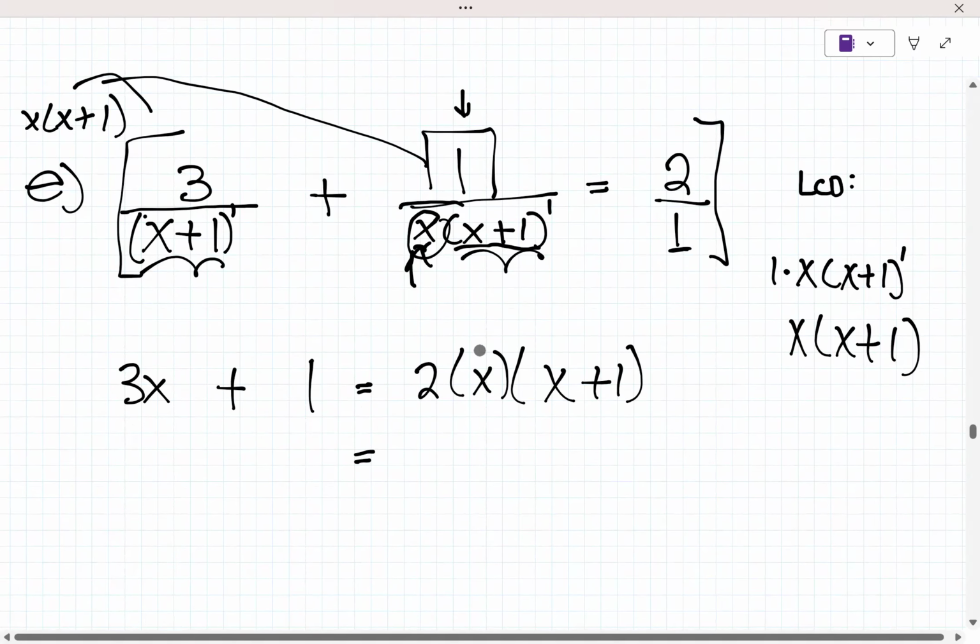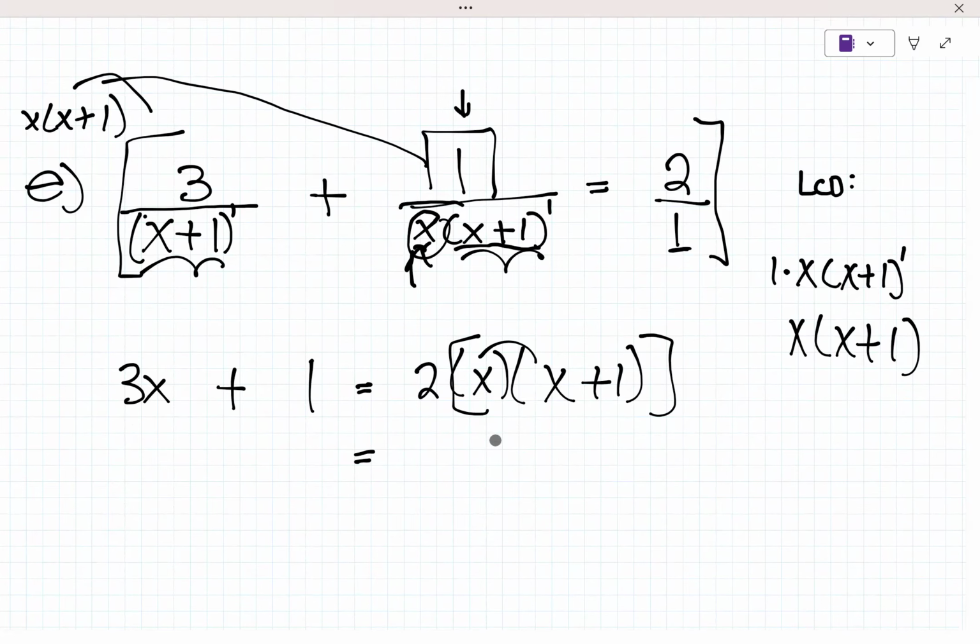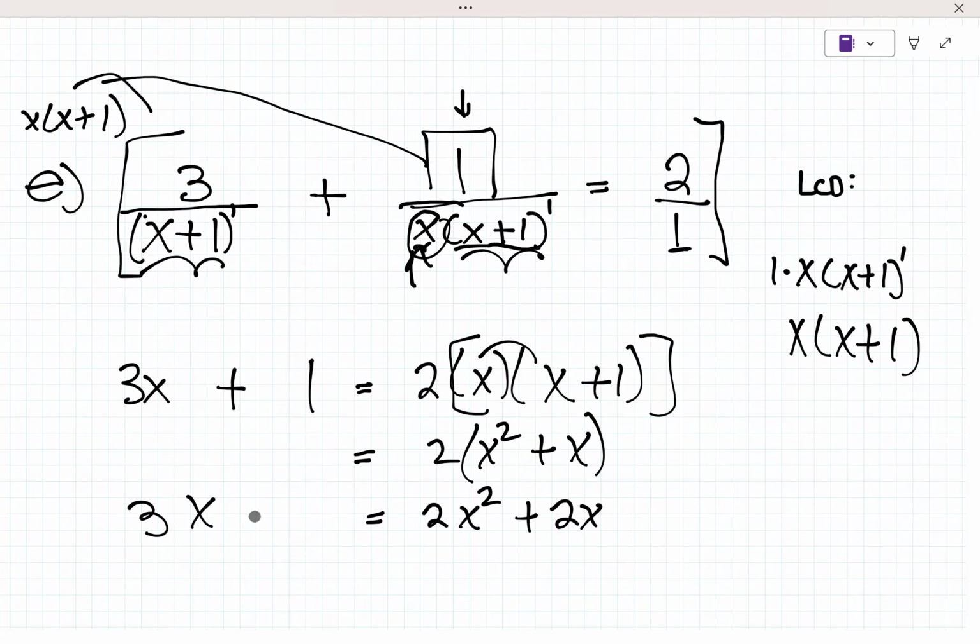Okay, so for this one, let me FOIL out the x and x plus 1. So this is going to be x squared plus x, times 2. So that's 2x squared plus 2x. And then on the left, it just leaves us 3x. Then I think it's wise to move everything to the right because this is the highest power.